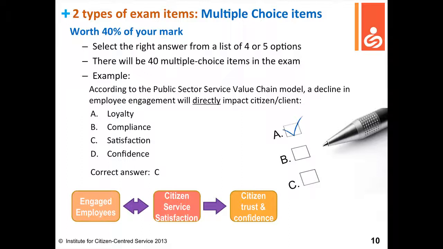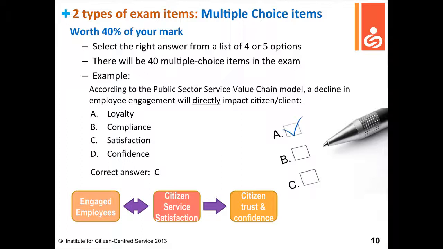and confidence. Now that's a little tricky because confidence is in the service value chain model, and so is satisfaction. But in this case, when I go back to the question and I look at it, the word directly is underlined. That's a really important hint. Whenever anything is underlined, pay extra attention to that word.